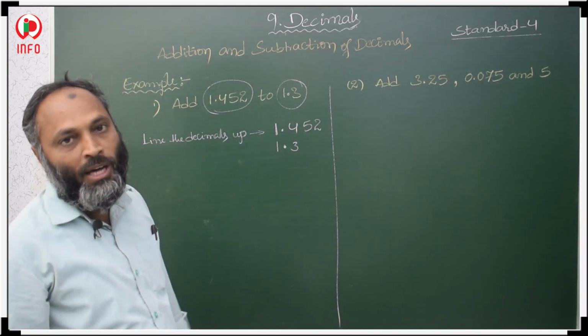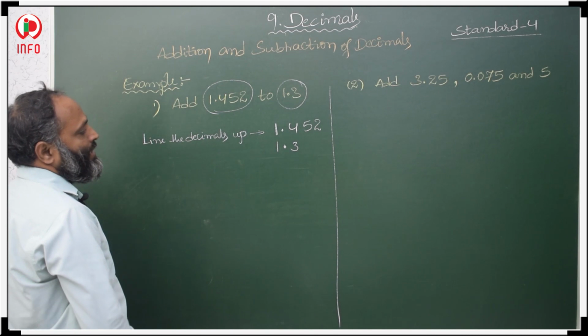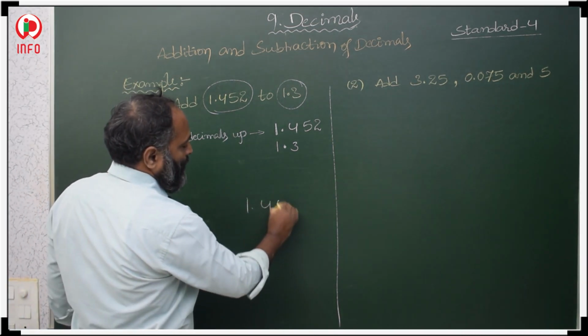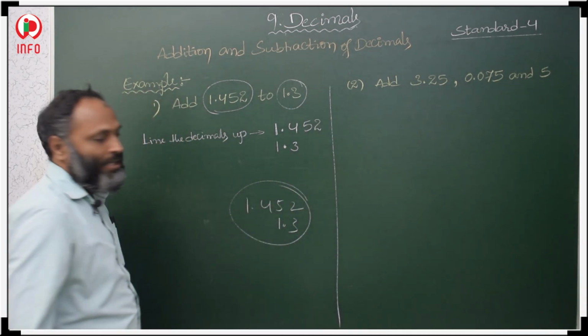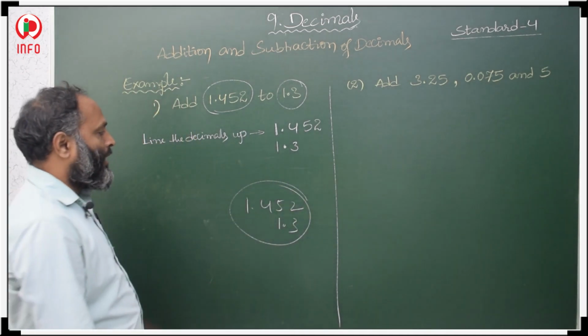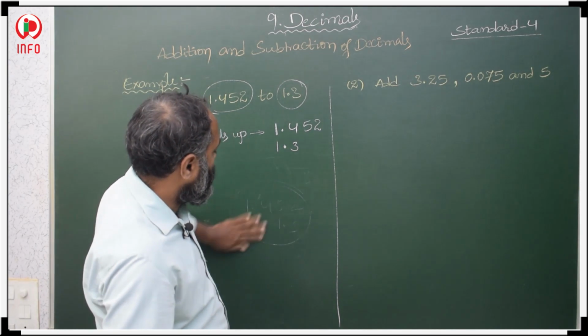In that way we arrange. Don't write in zigzag order like 1.452 and 1.3; this is not correct.